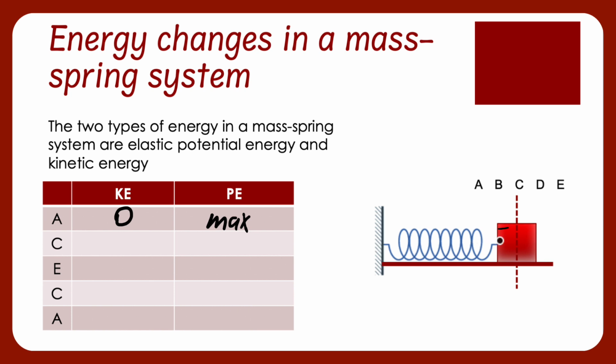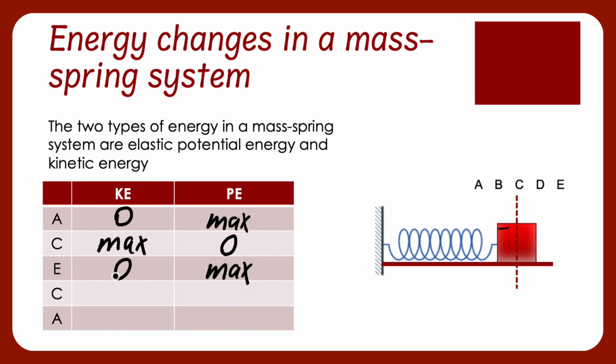Once I let it go and it goes towards the equilibrium, at C, the original length of my spring, there is no potential energy, but I have a maximum kinetic. When I move all the way to E, now it's at its maximum extension, and I'll have a maximum potential energy again.